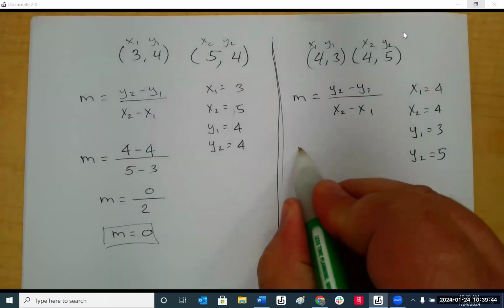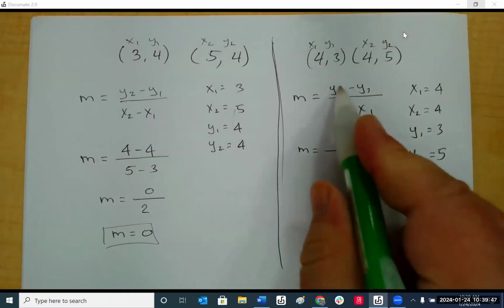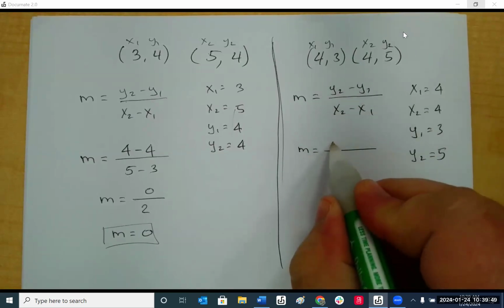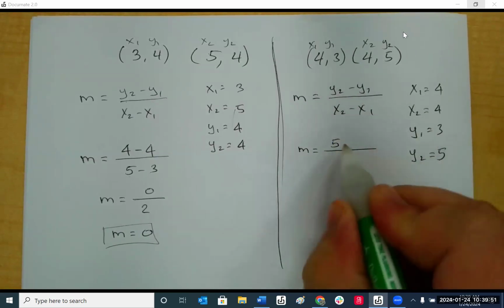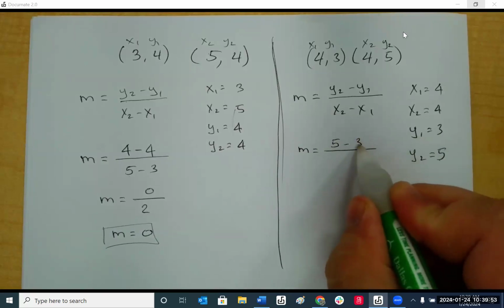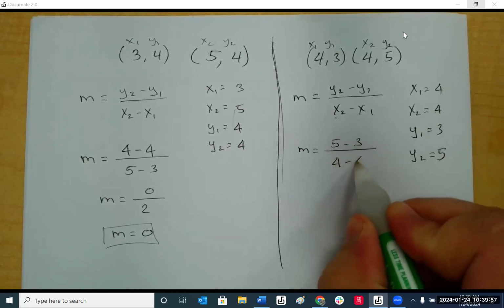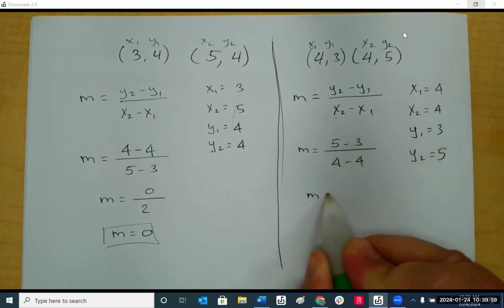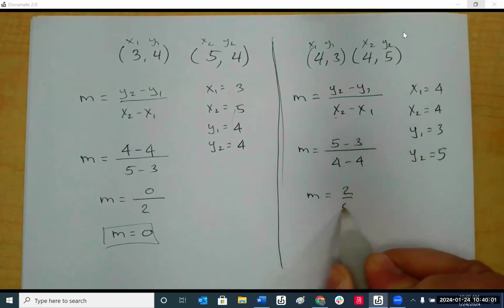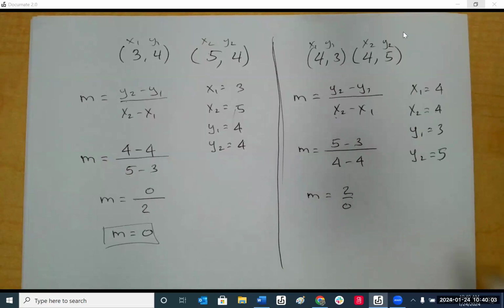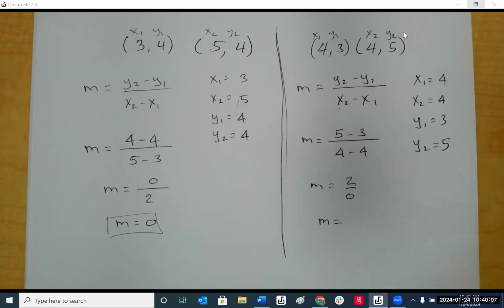How about the second one? What's y2 minus y1, over x2 minus x1? So what does that equal? Undefined.